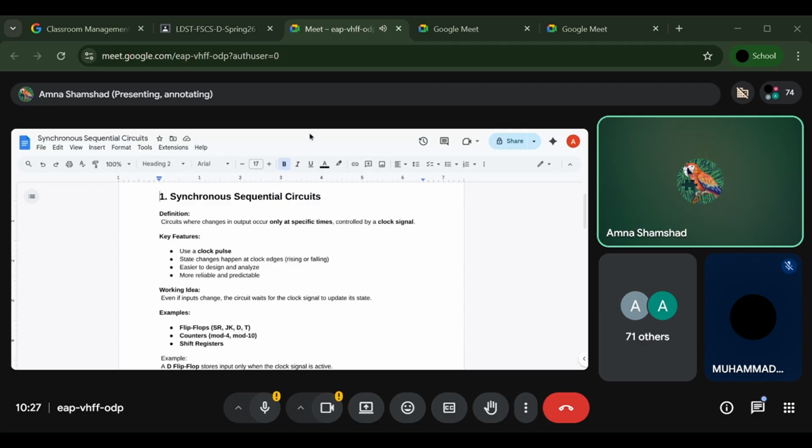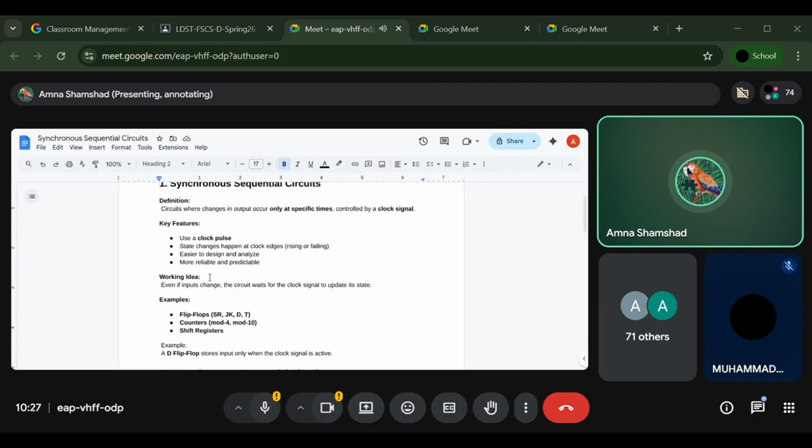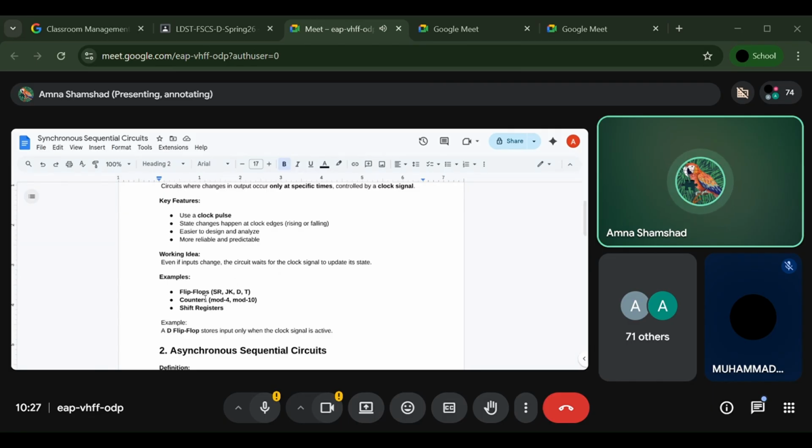Whenever the clock signal is applied, it will update its state. These are examples of synchronous sequential circuits: JK, D, and SR. Counters and shift registers are also types of synchronous sequential circuits, but we will discuss these two components in later topics.